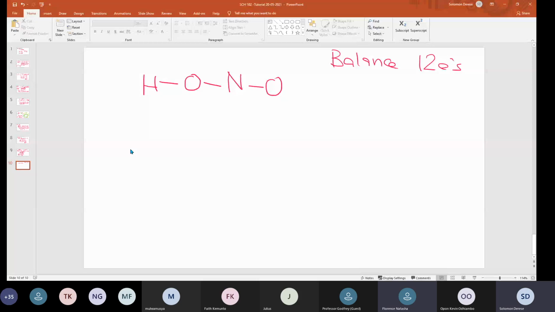See, when you look at this, we have this oxygen, this nitrogen, and this oxygen. All 3 of them do not have an octet of electrons. Now we want to satisfy the octet, and we want to do it logically.